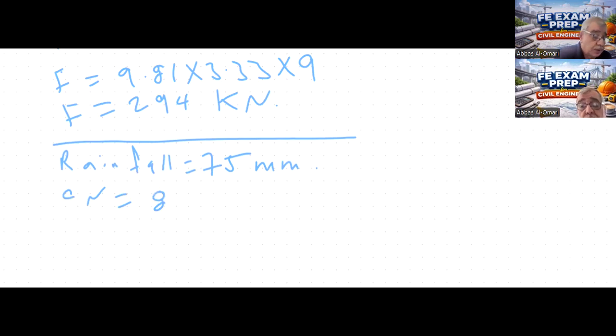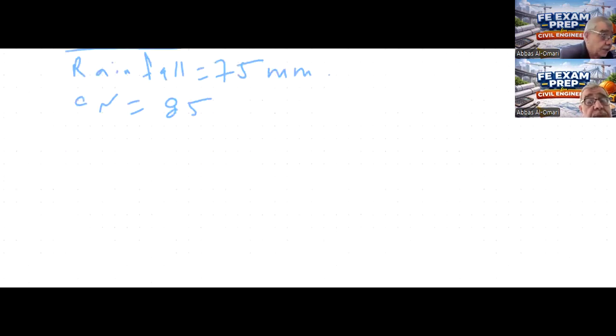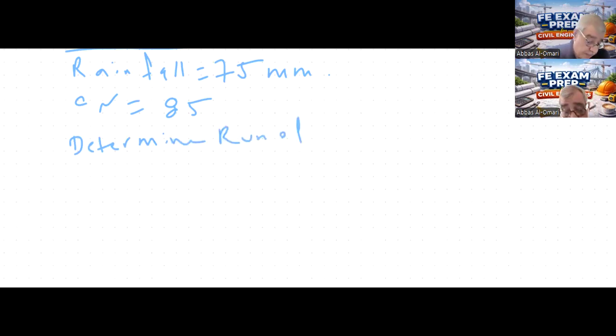So we want to determine direct runoff. Determine runoff by using the curve number method.